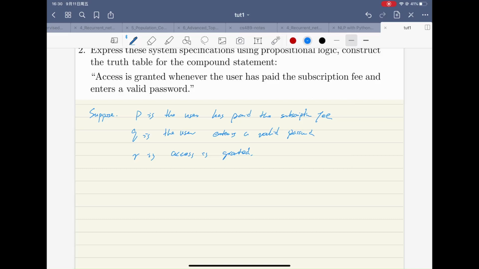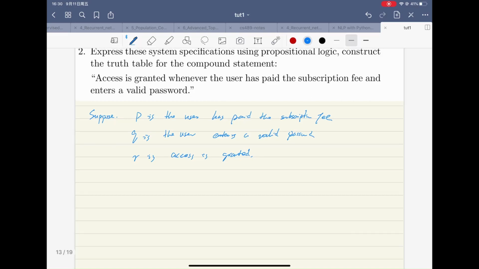Then again, we want to simplify the statement. So again, I'll find the whenever.